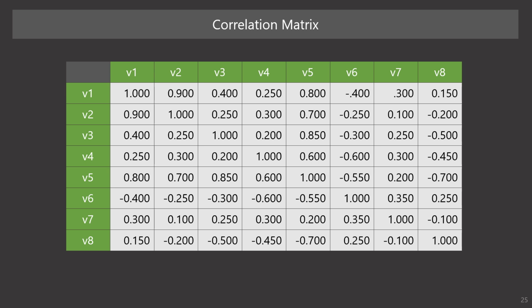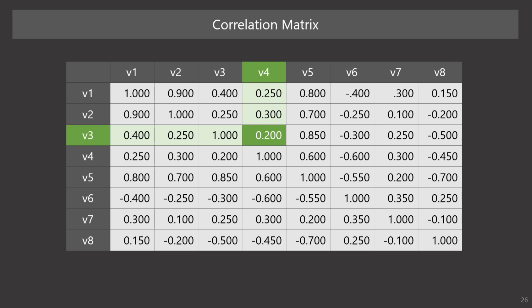And we can see the correlation coefficients between the specific pairs by looking at the cell, which is the intersection of the two variables.